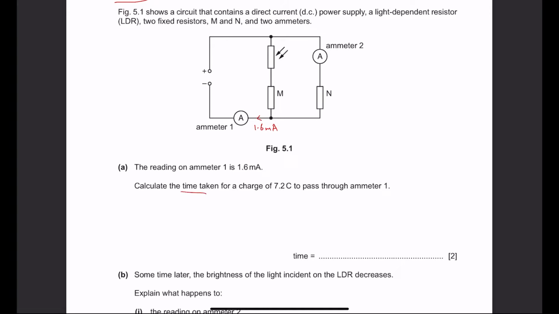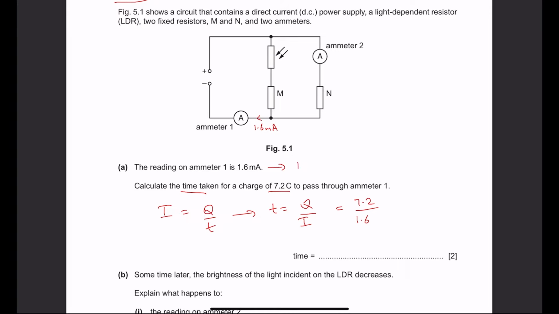Calculate the time taken for 7.2 coulombs of charge to pass through ammeter 1. So the relationship that you will use here is that current is charge over time. So if you rearrange, time will be charge over current. So you have a charge of 7.2 coulombs and you have a current of 1.6 milliamperes.